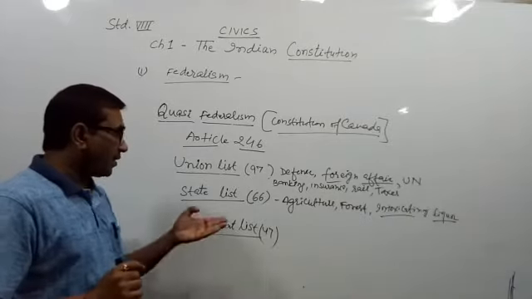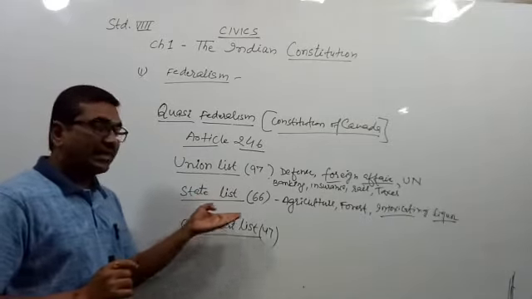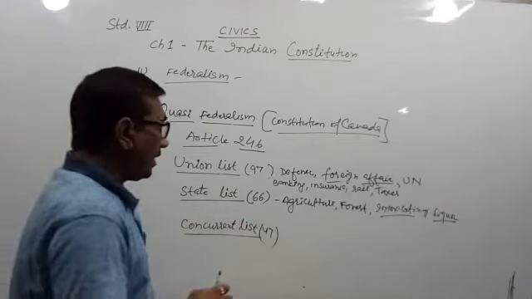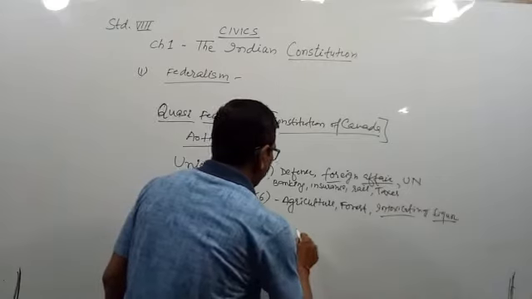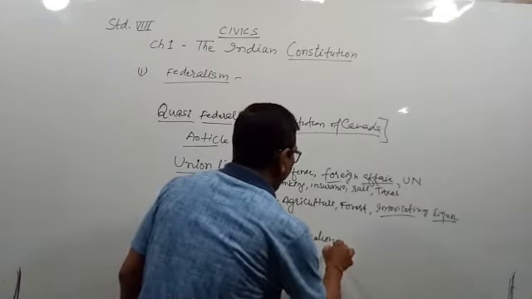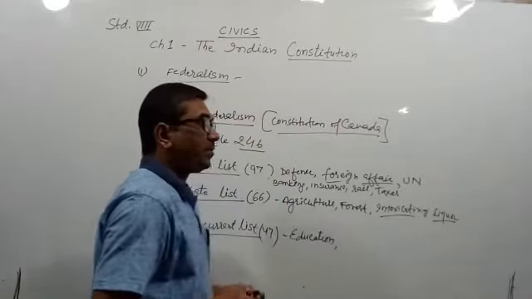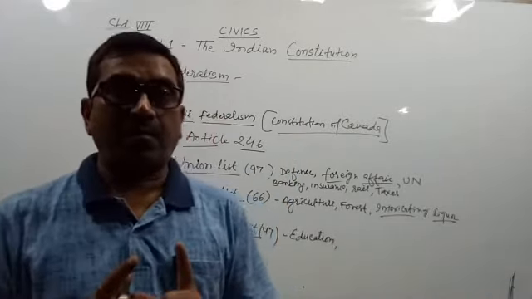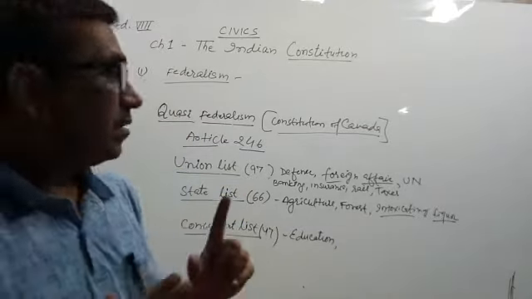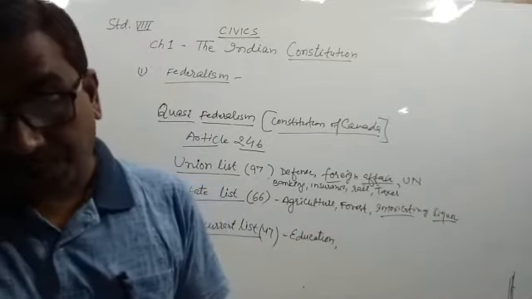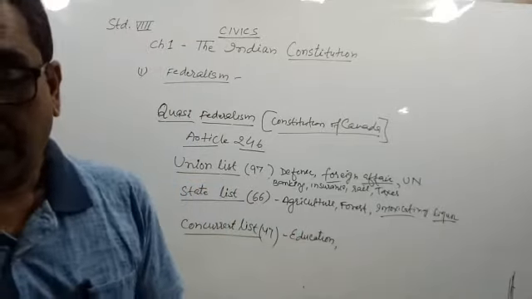The subject which has been transferred from the State List to the Concurrent List is education. Education earlier was a matter of the State List. Now it is a part of the Concurrent List.